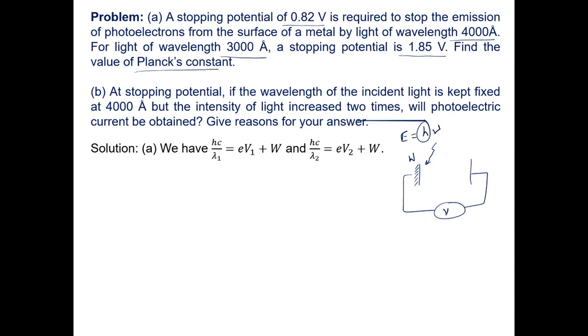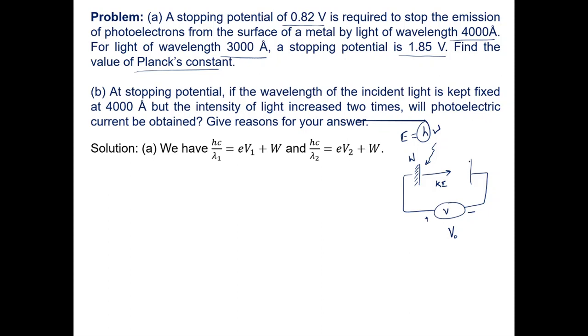If there is no voltage, these electrons will move with kinetic energy Ke, but if you apply a potential, let's say equal to V0, and a reverse potential, so that this repels electrons.